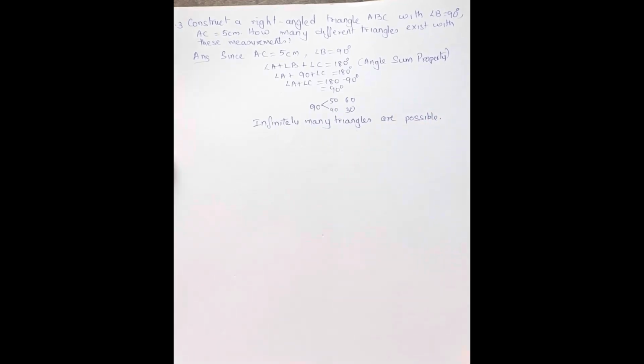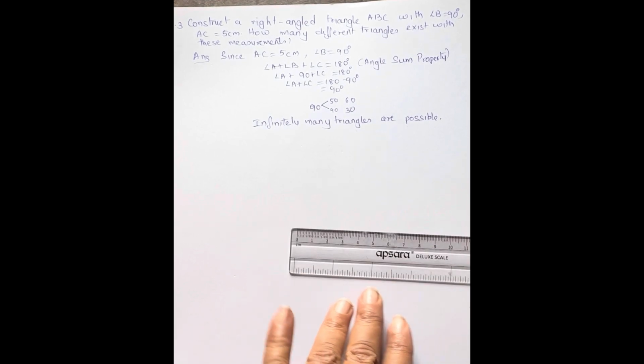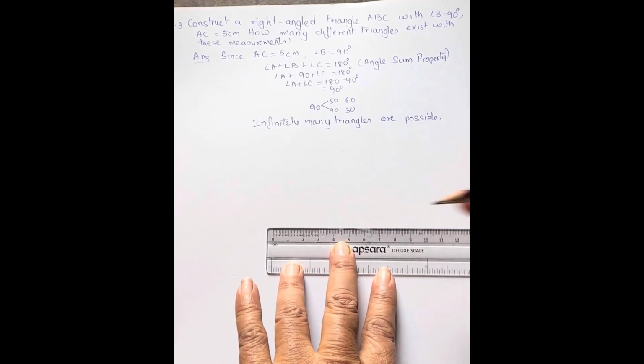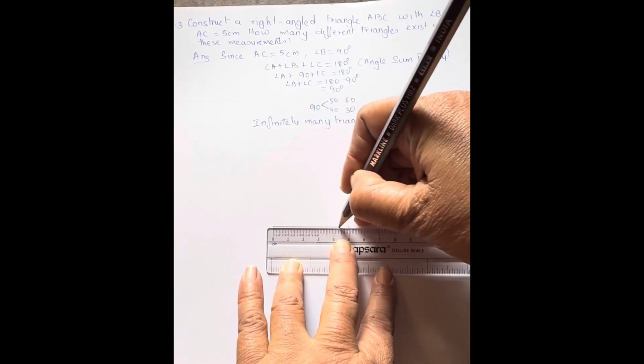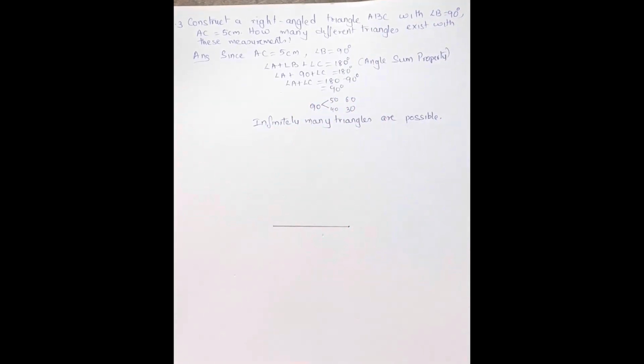Okay, so this is the base. First of all, we understand the basics and now we try to construct. So we will take AC as the baseline because that is given 5 centimeter. Right? And B is 90 degree.